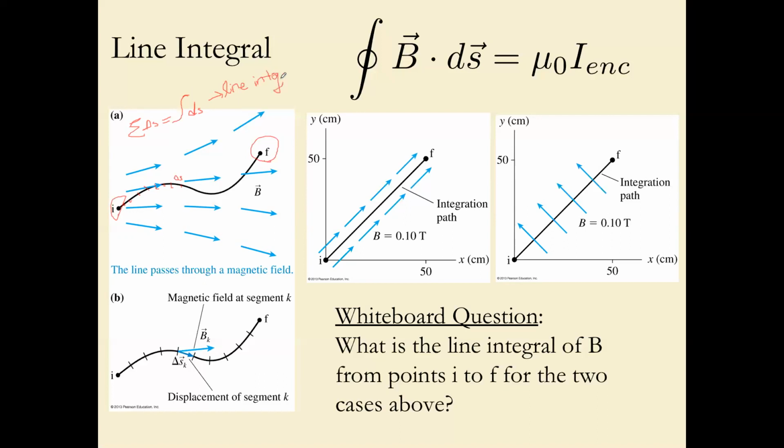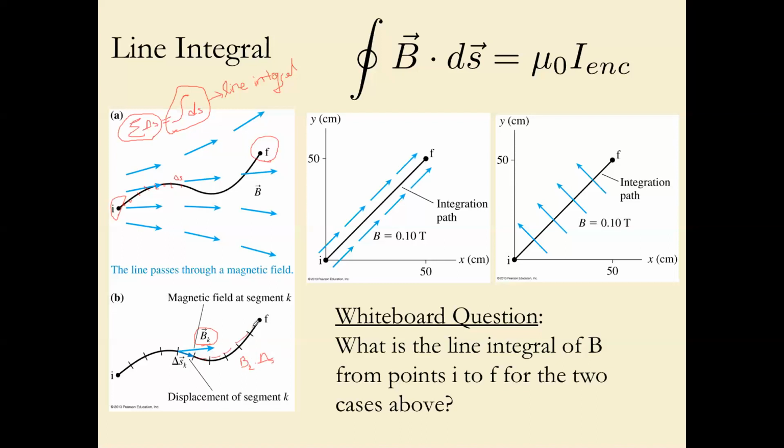So here we see that the integral is an easy way to sum up all those small segments. Now assume that your line is in the vicinity of a magnetic field. The blue arrow shows the magnetic field. So we are looking for the line integral of the magnetic field. We take the dot product of B with delta S at each segment.